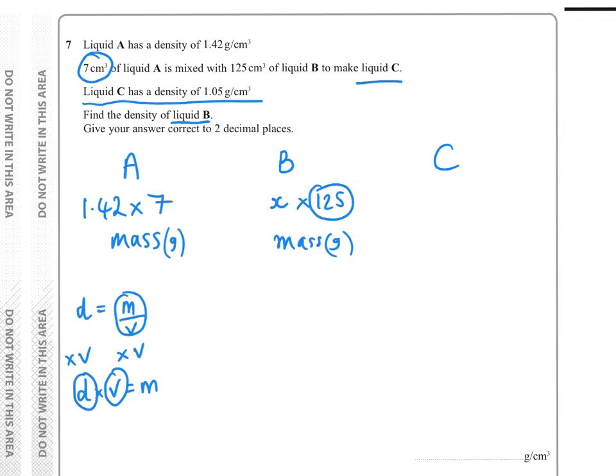So for C, we have the density is given, and that is 1.05 grams per centimetre cube of liquid. But the total amount of liquid for C is the 7 and the 125 from the two liquids A and B. So that's 132. So that's going to be the mass in grams of liquid C.